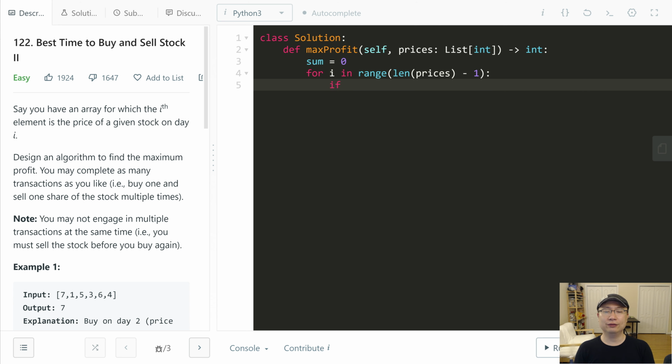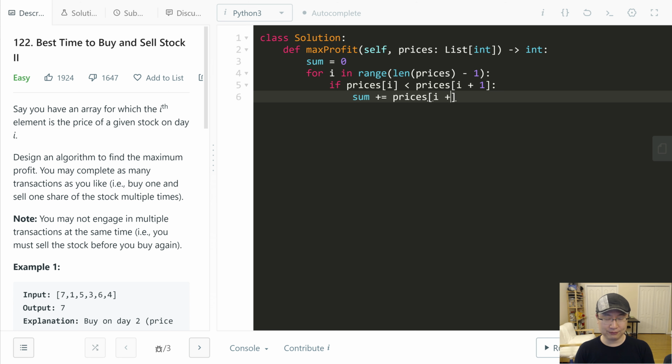So if price i is smaller than price i plus 1, at that time I will add to the sum price i plus 1 minus price i, and return the sum.